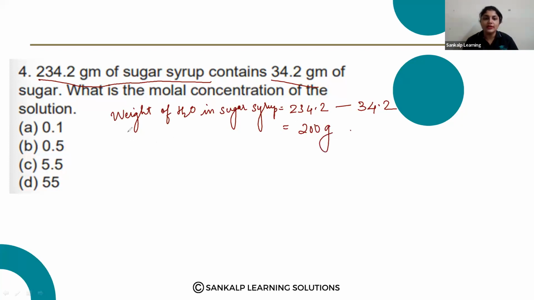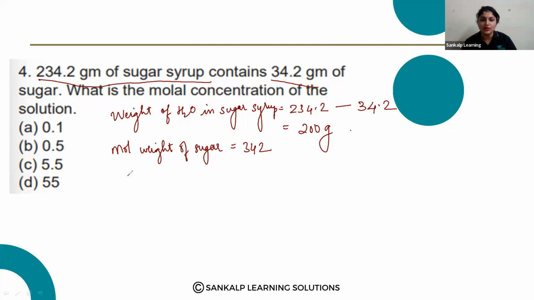Now next is the molecular weight of sugar. What is the molecular weight of sugar? The molecular weight of sugar is 342. So 342 is the molecular weight of the sugar.